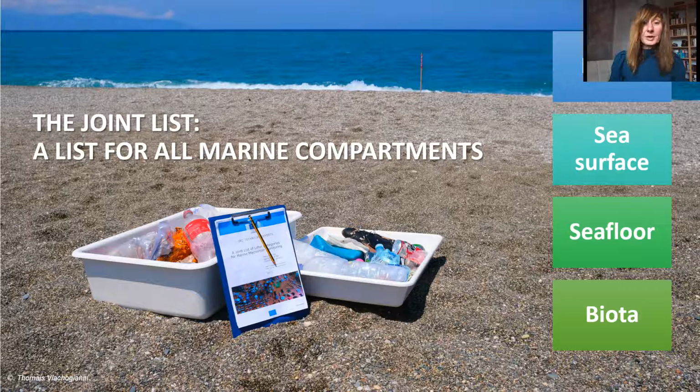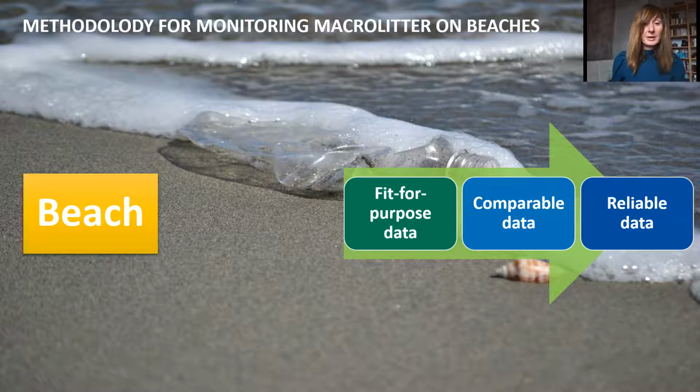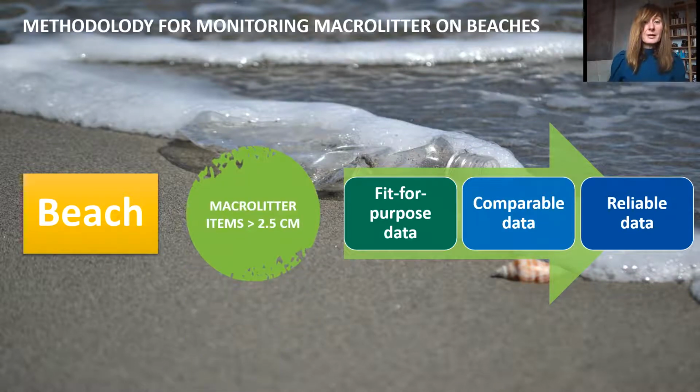This list, the joint list, is meant to be applied in all marine matrices, in all marine compartments, including beaches, the sea surface, the sea floor, and biota. And the aim of such a list is to ensure that fit-for-purpose, comparable, and reliable data are being generated. When we talk about macro litter, we talk about items that are 2.5 centimeters in the longest dimension.